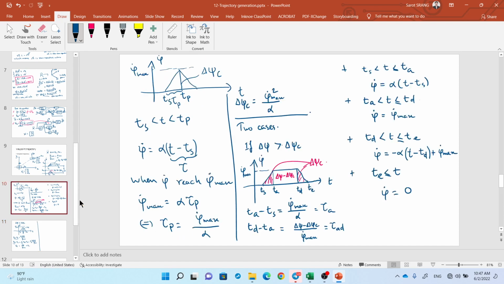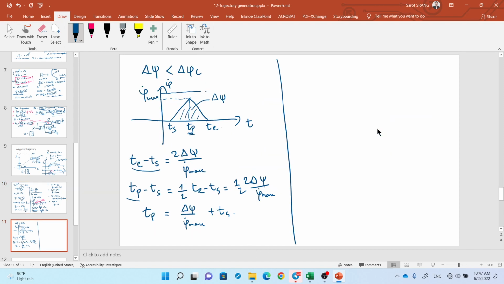Before, I did not tell you how to find Ta, Td, Te exactly, but actually you can find them from here. And here you just have two cases. First, Ts less than t less than or equal to Tp, you have psi dot equal to alpha times t minus Ts.